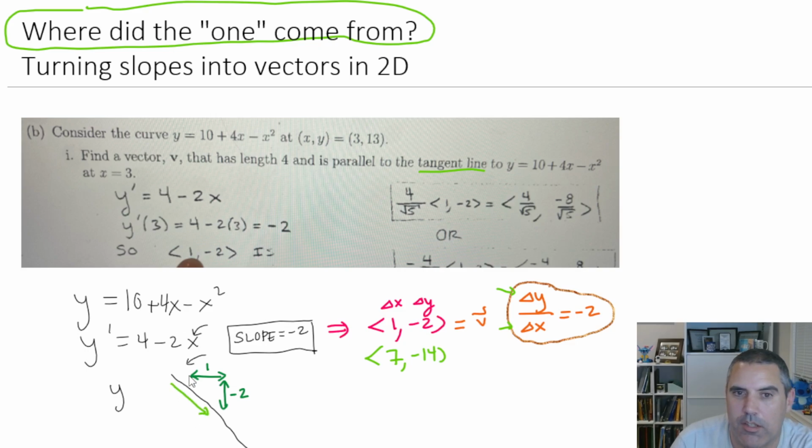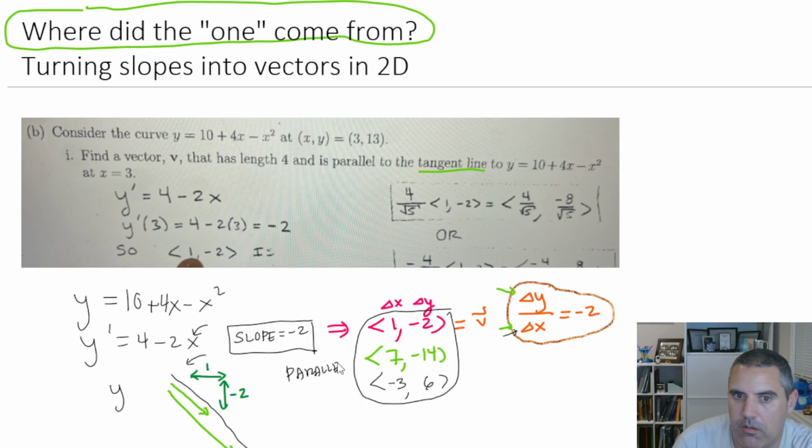It does say how long it needs to be, but you could initially make it longer or shorter. You could even make it point the other way. Like you could say, I'm going to have the denominator be -3, so then this has to be 6. All of these are vectors that are parallel to slope -2.